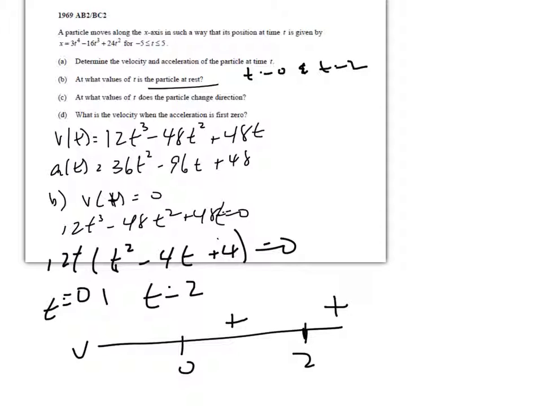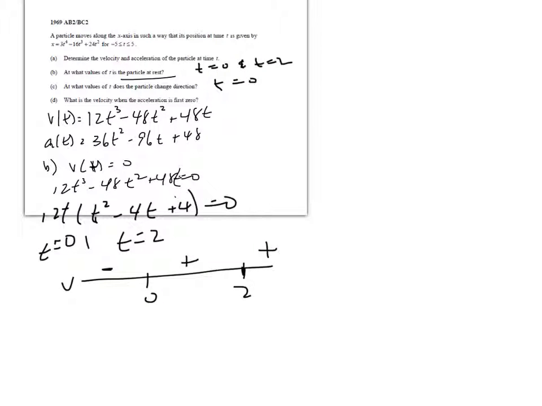So it did not change direction. It stopped, but it did not change direction at 2. What about negative? Negative, positive, positive, positive. It's negative. So it changes direction when t is equal to 0 only. That's when the velocity goes from positive to negative.